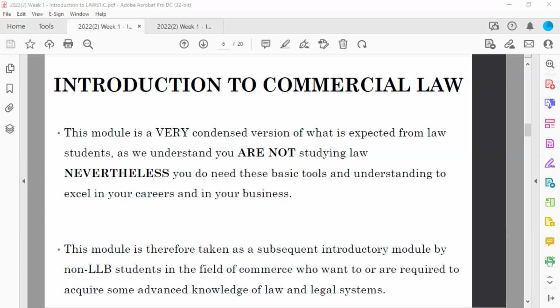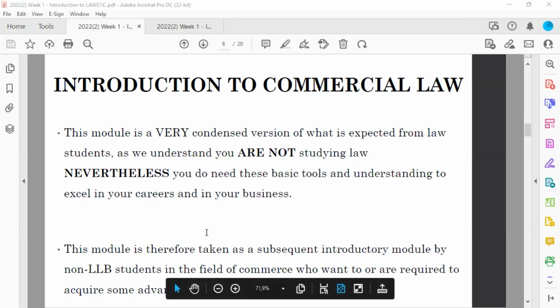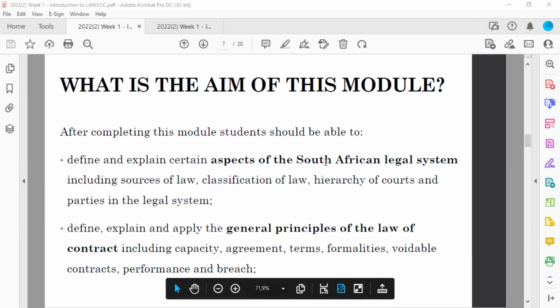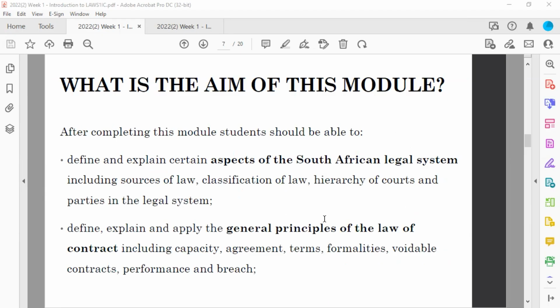I hope that you are excited to do this module and that you don't deregister immediately after the session. So let us have a look at what we are going to do. The aim of this module is to look at aspects of the SA legal system, which we do in two weeks, this week and next week.